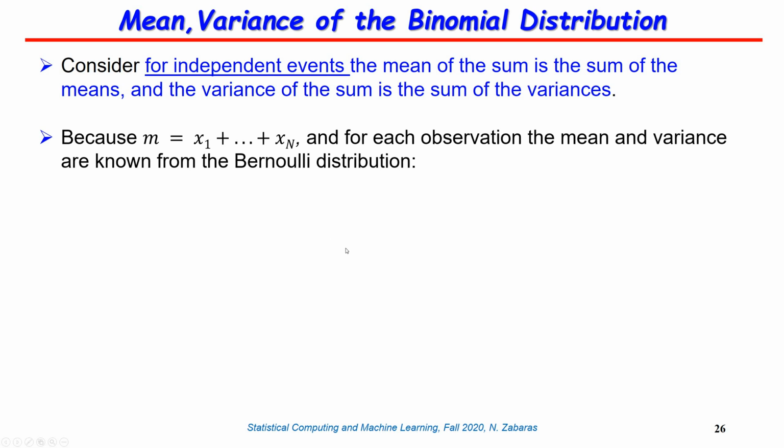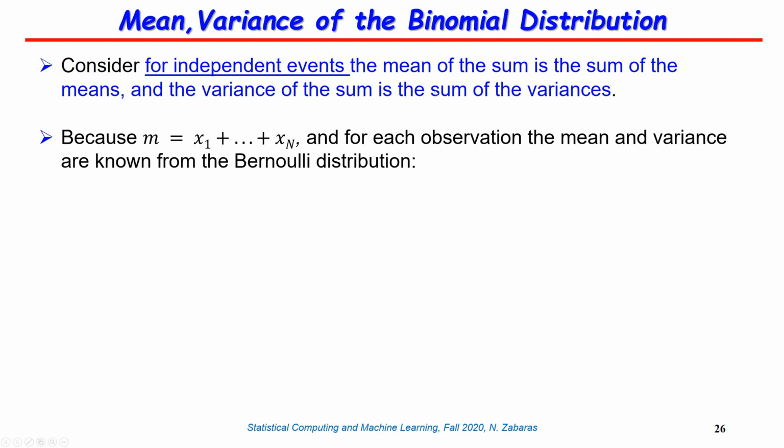Actually, let me be a little bit more correct here. In the statement here, you don't really need the independence of events when it comes to computing the mean of m. So the mean of m is the mean of x1 plus up to the mean of xn, even if the events x1 to xn are not independent, but you do need the independence for the variance.